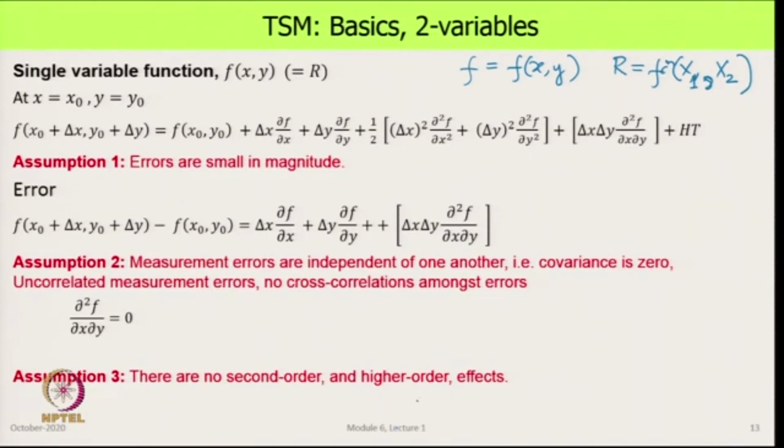That is what is a two variable result, and there will be other constants, we take those for granted. And the point about which we want the uncertainty is the point that we designate as x0, y0.